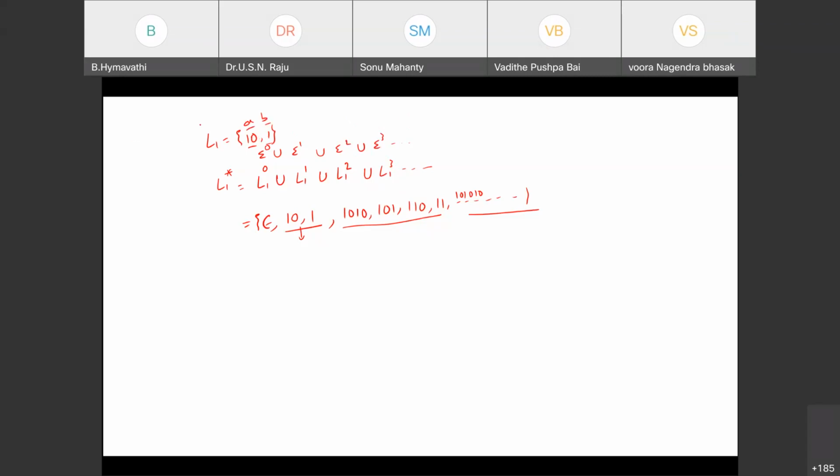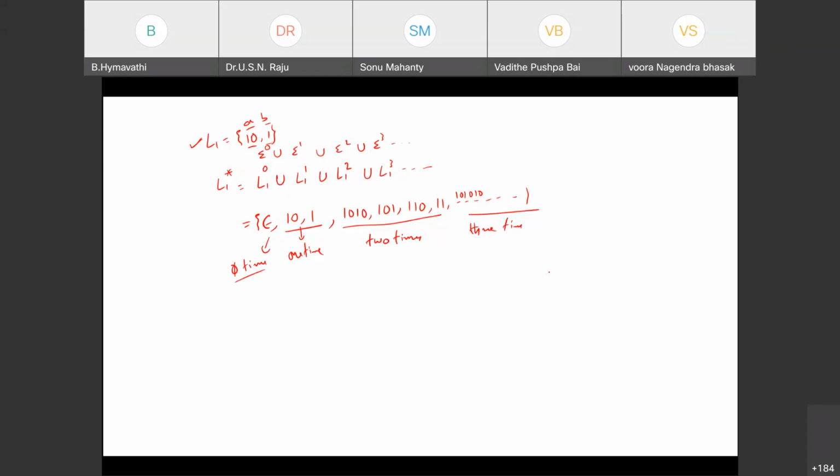Because if it is alphabets, I'll have only one symbol. But as he is talking about language, I can have a string of any length. Here I have two strings of some length. Then usage of those two strings one time, then using it 2 times, and this is for 3 times, and this is for 0 times. So because of that, we are getting it. I hope all of you understood it. Is it right?